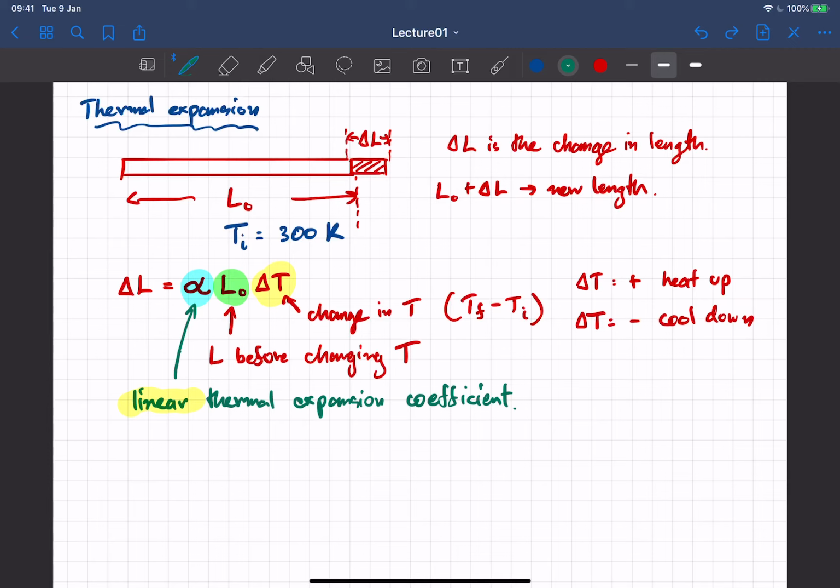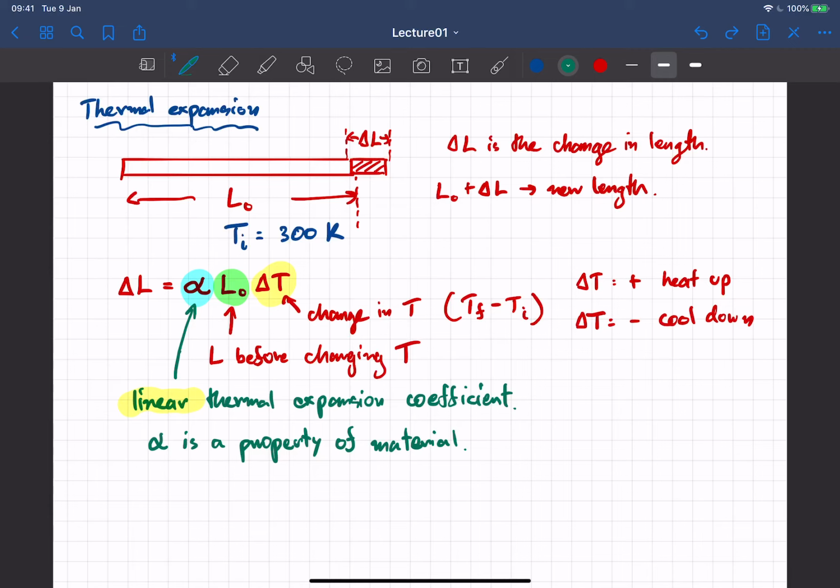The important thing is that alpha is a property of the material. You might be wondering, this equation looks good, but this applies to different kinds of material. Where does the material enter in this formula? It enters in this alpha. Different materials will have different alpha.